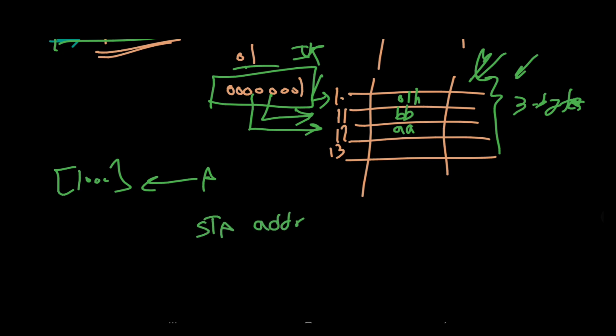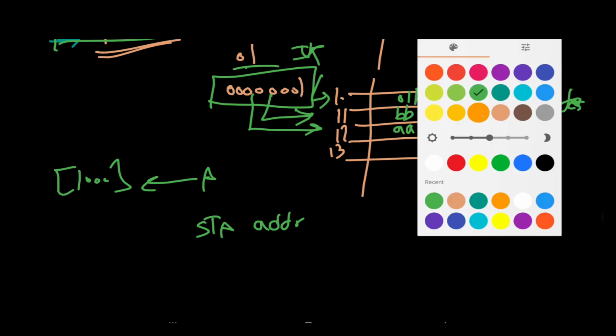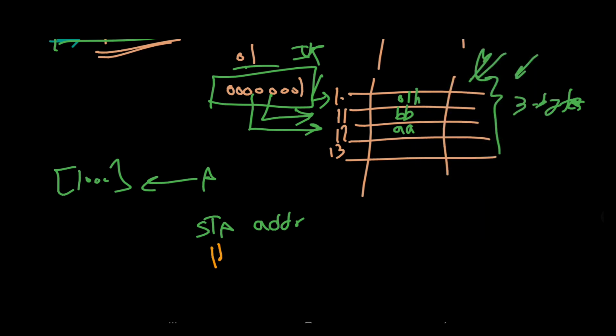We know that addresses in the 8085 microprocessor are 2 bytes long. So this instruction would be 1 byte for the opcode of STA, which is 32 in hex, and 2 bytes for providing the address. So here we would have STA and an address equal to 1000.